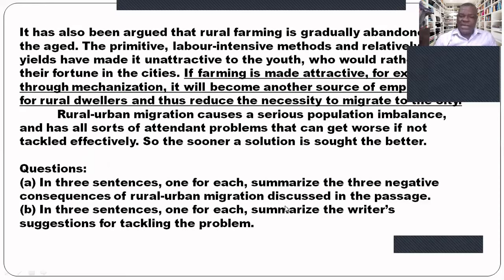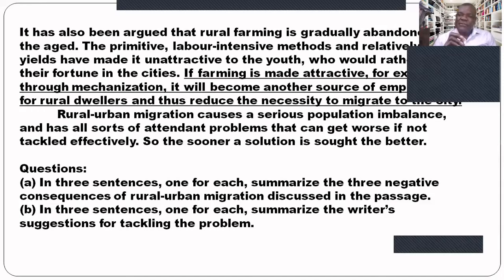Then in B, we are asked to summarize the writer's suggestions for tackling the problem. That gives us additional idea that the writer has not only discussed the negative consequences of rural-urban migration, but he has also made suggestions as to how to solve the problem. So we are looking for the negative consequences of rural-urban migration, and we are also looking for the writer's suggestions for solving the problem.